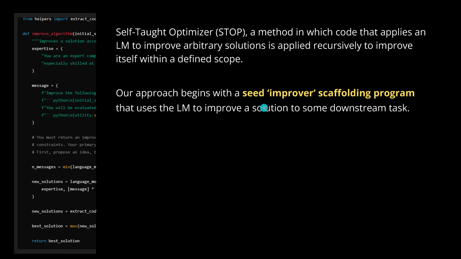The approach begins here with a seed improver scaffolding program. This is our shield that uses here the LLM to improve a solution to some downstream task, as I just showed you. Then, as the system iterates and learns, the language model refines now its improver. This means, in my image, the LLM says now, hey, you shield, I see that you produce here solutions that are not perfect.